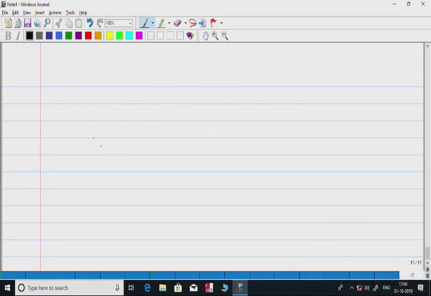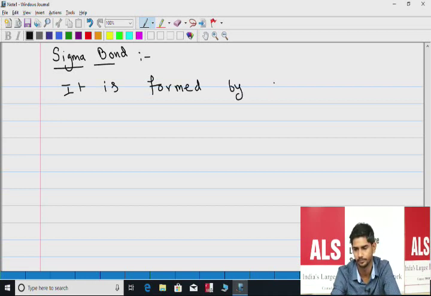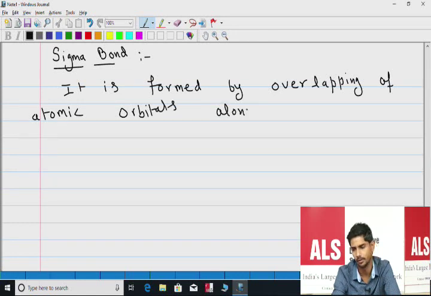So guys, let's move on. Sigma bond. It is formed by overlapping of atomic orbitals along their internuclear axis.